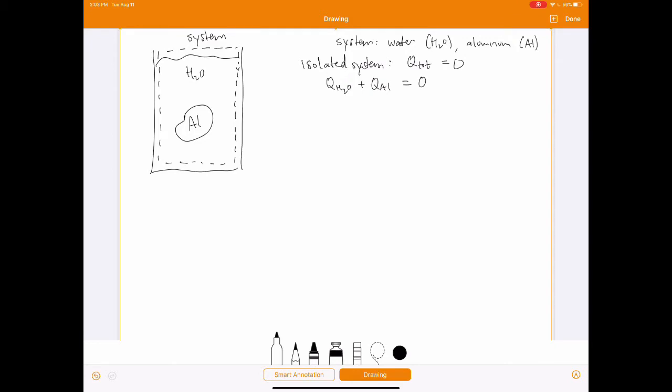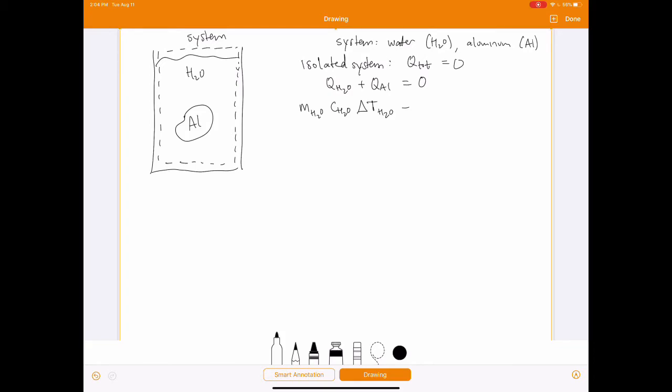Okay, well, for the water, the heat is given by m, let's actually write mH2O, the mass of the water, times cH2O, the specific heat of the water, times delta T H2O. So we can imagine the water is heating up and its temperature is increasing.